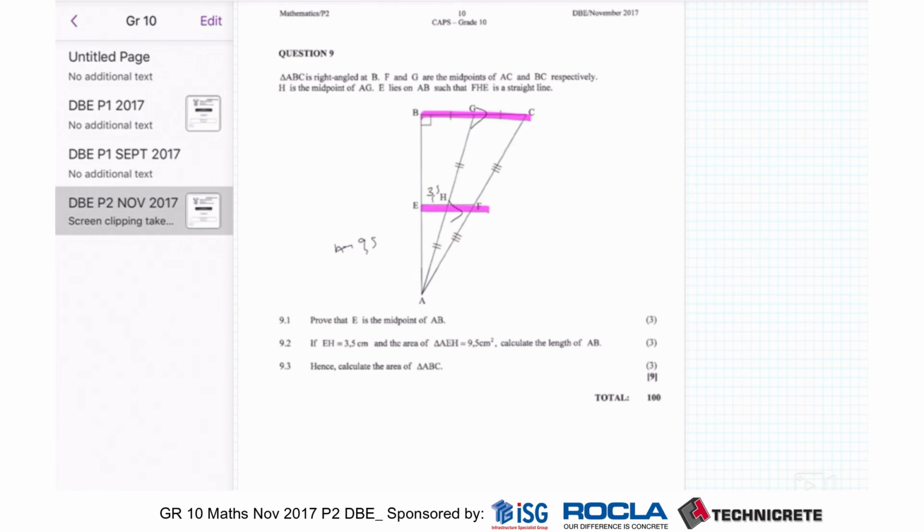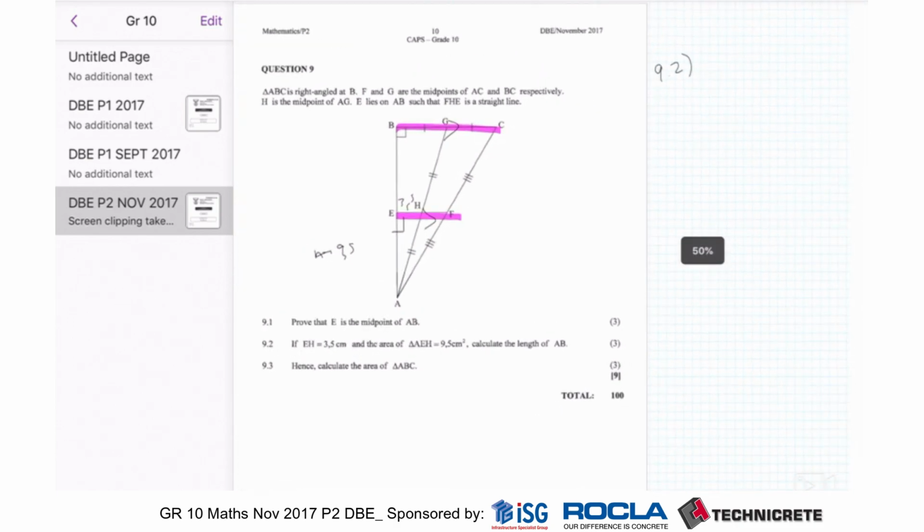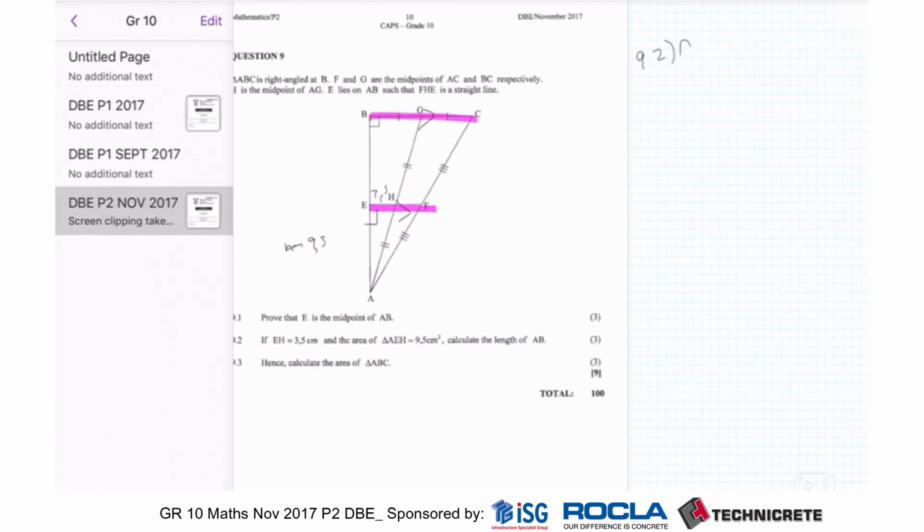This is 3.5. That means that AEH is also 90 because of corresponding angles. So I'm saying that AEH is equal to 90. My reason is corresponding angles. Okay?